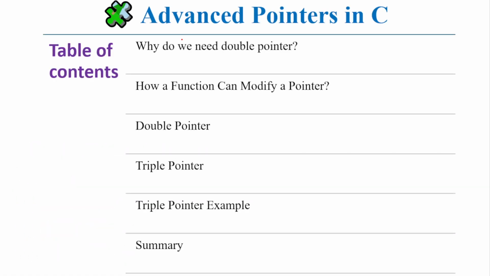Triple pointers extend this idea further, allowing us to build and control multi-dimensional arrays in memory. These concepts may look complex at first, but once understood, they unlock a powerful and professional level of programming in C.